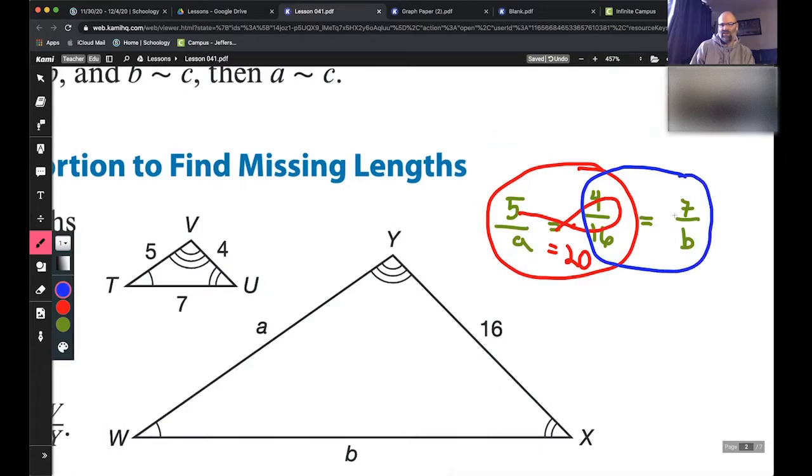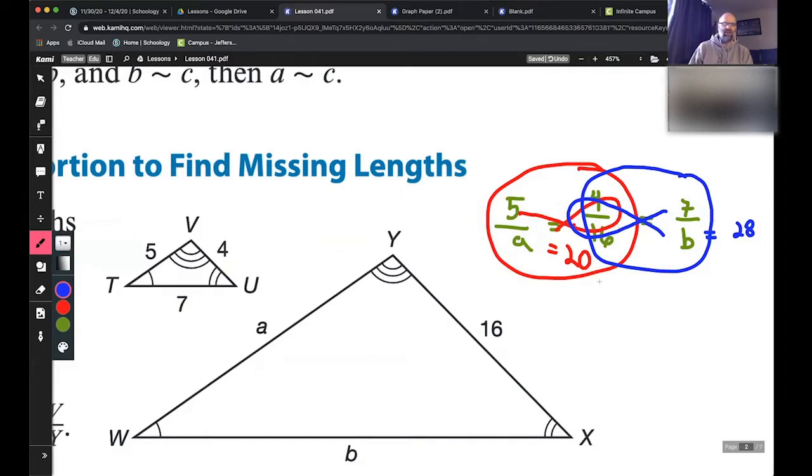So I'm going to go 7 times 16 divided by 4. That's going to be 28. 7 times 16 is 112, divided by 4 is, yeah, 28. Should be 28.